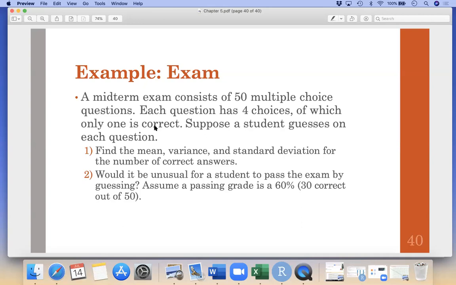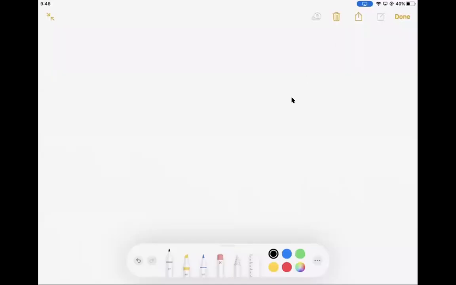Then the first question is to find the mean, variance, and standard deviation. Then we have another question. If you want to find mean, variance, standard deviation, you can use those formulas. Now I will show you how to do this one. The first thing we have to recognize is what is your n, it's 50.